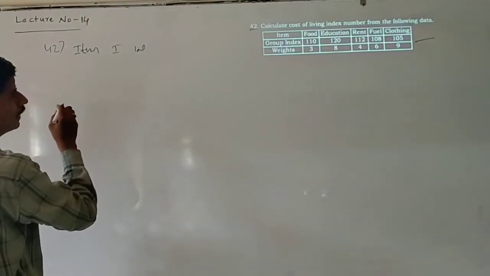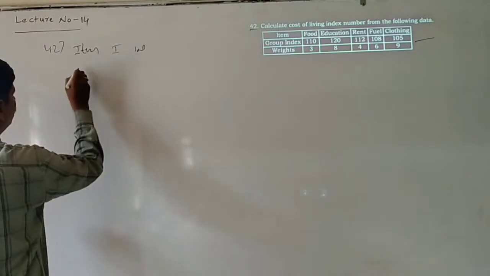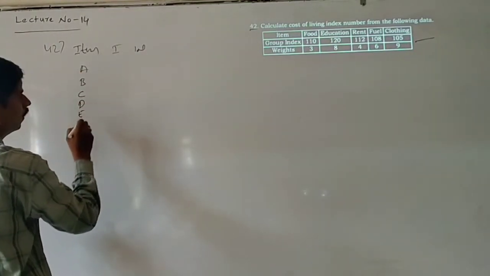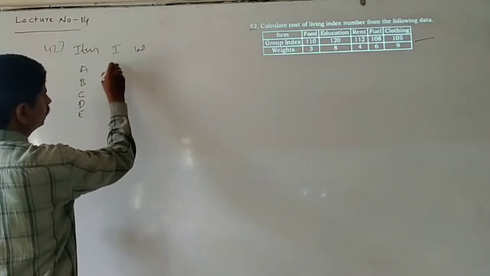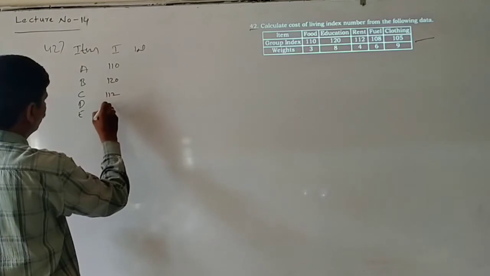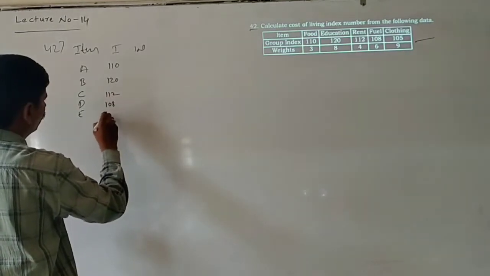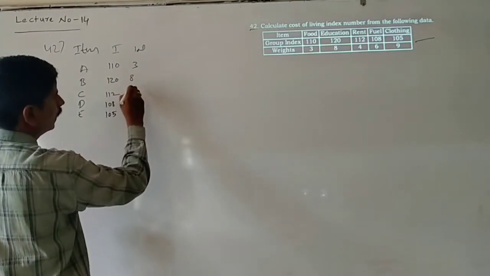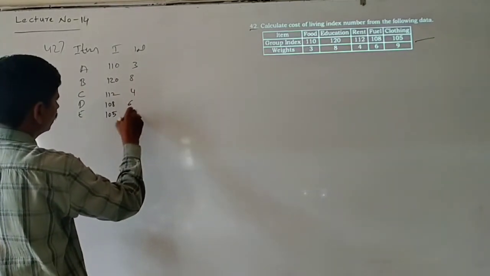Items A, B, C, D, E. Group index 110, 120, 112, 108, 105. W 3, 8, 4, 6, 9.